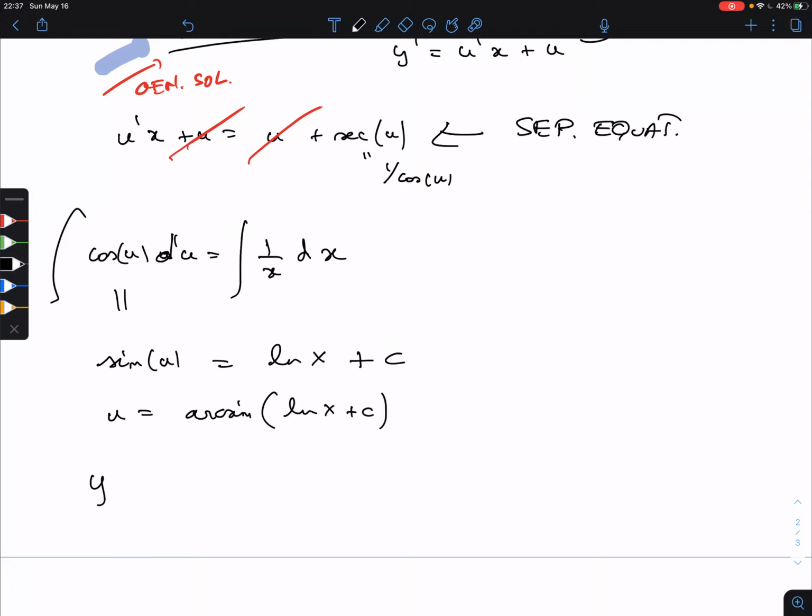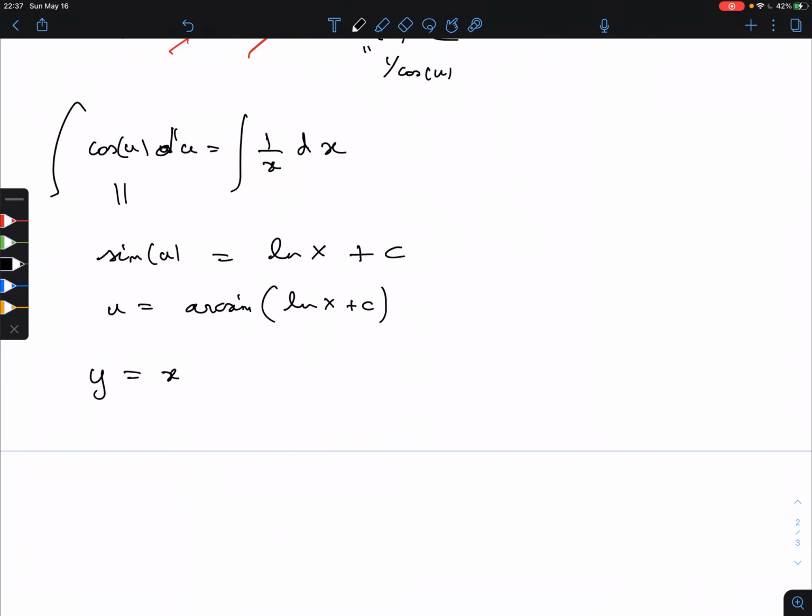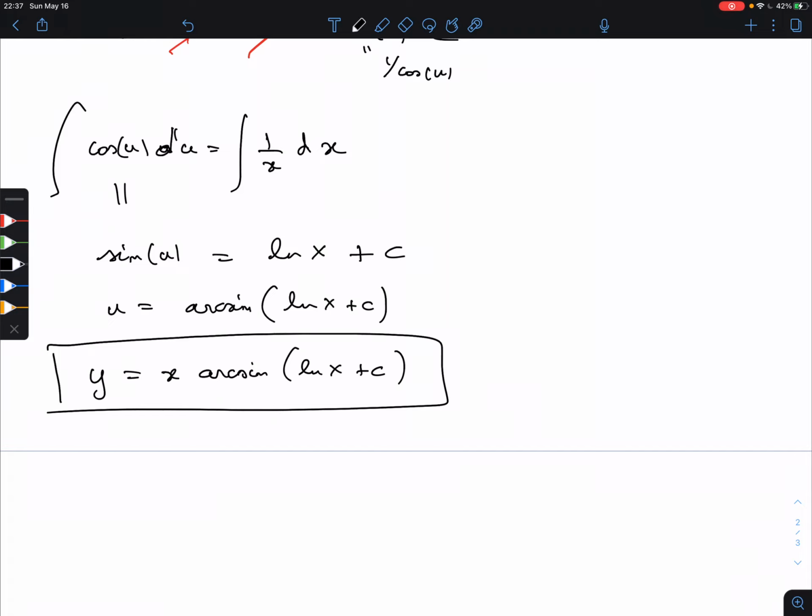So what is y then? Well, y is u times x, so x arc sine of ln x plus c. That's the solution. And you see, these are kind of ugly solutions. With regular integration in Calc 2, you would get ugly things, but you never get things so complicated like this. Here, solutions can get really complicated.